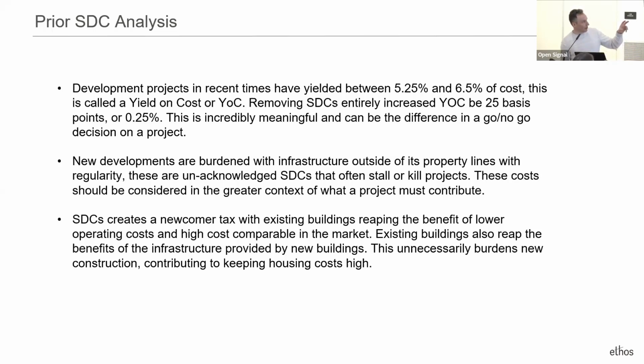If you removed SDCs from a project, we're seeing a 20 to 25 basis point, or 0.25%, change in performance. That is enough for someone to invest or not invest in a project. It's meaningful enough to mean go, no go.